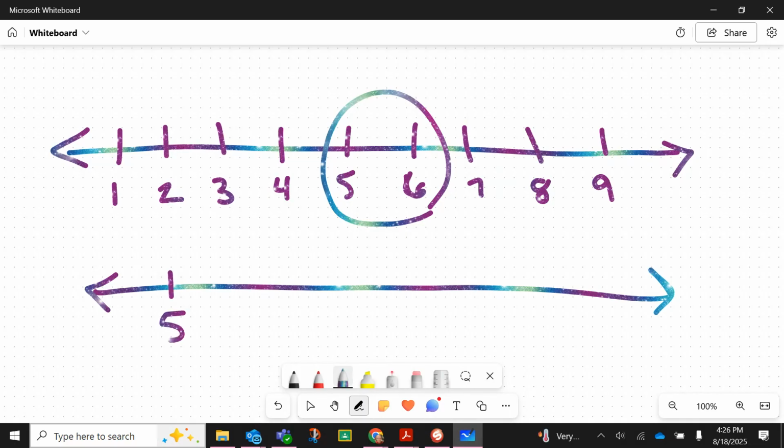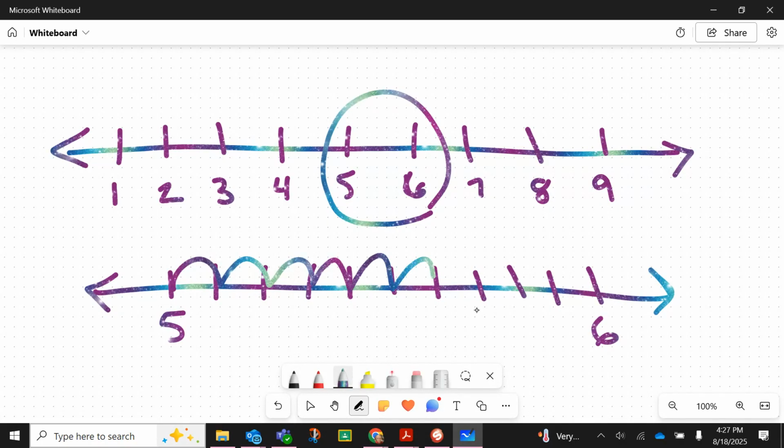So here's 5 and here's 6, my whole numbers. We know that that's where we find our parts in between. So here, if I take 5 and I go to 6, there's 10 parts in between. These are my tenths. So here I've got 1, 2, 3, 4, 5, 6, 7, 8, 9, 10. There's 10 parts in between.